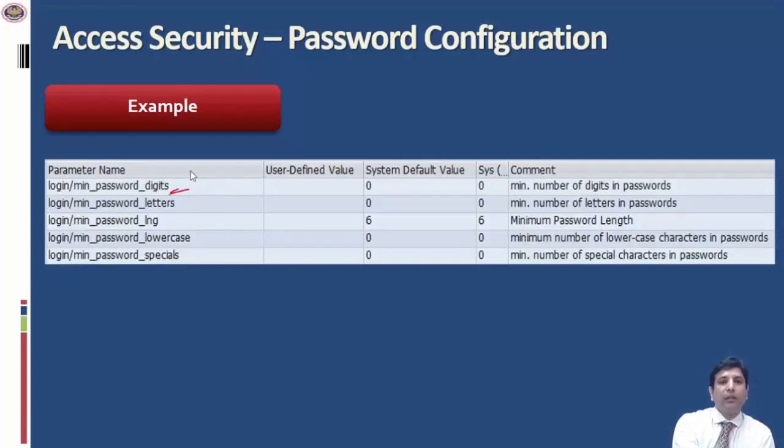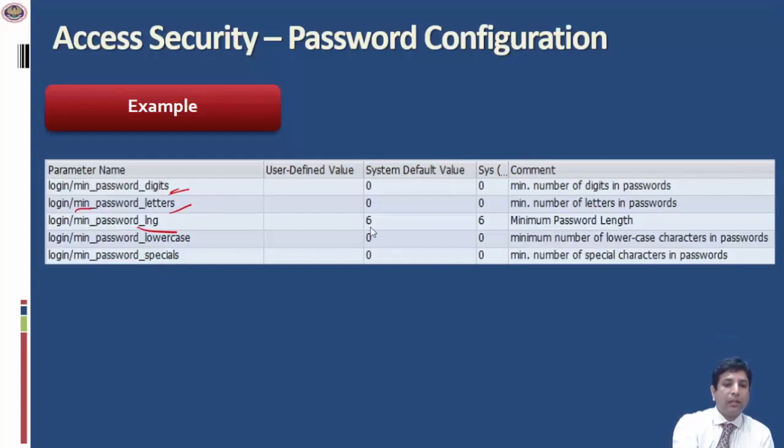How many digits should be provided within a password? How many letters should be included? Minimum number. So it is basically the minimum number of letters or characters within a password that a user should define. What is the length? This is the most common parameter or the configuration for password.